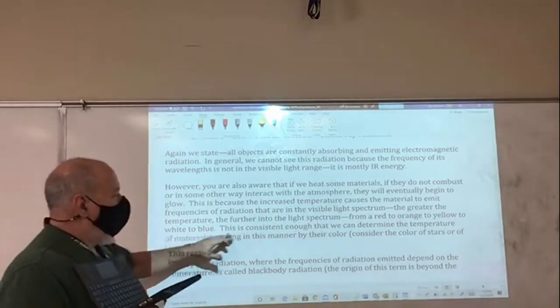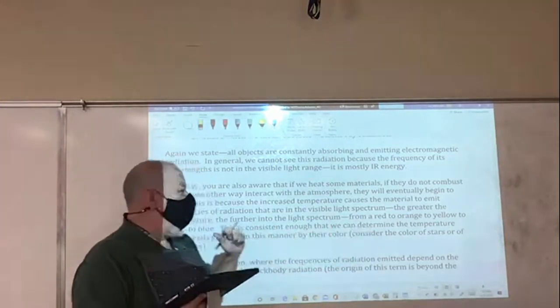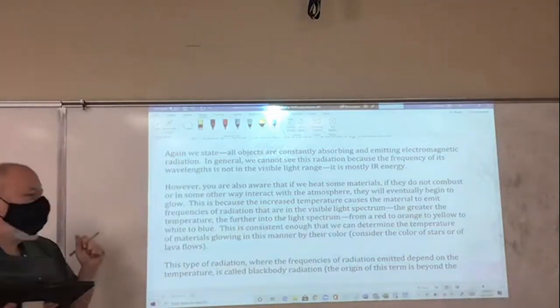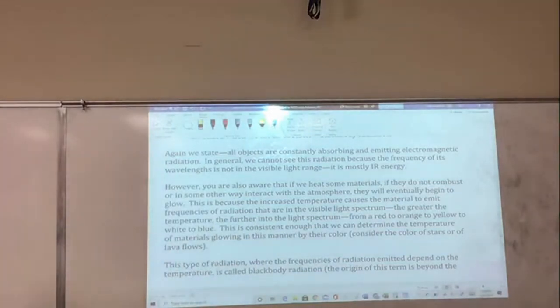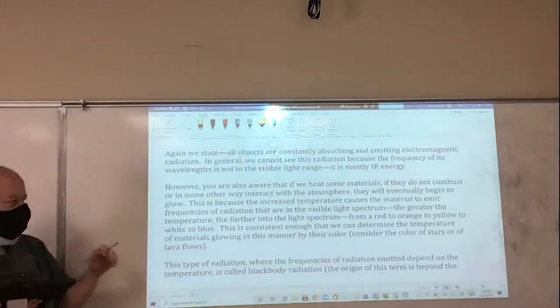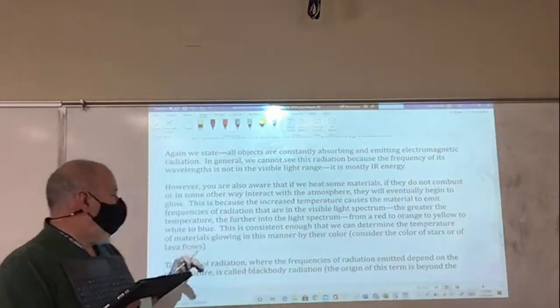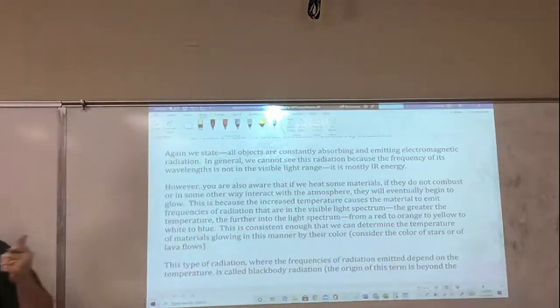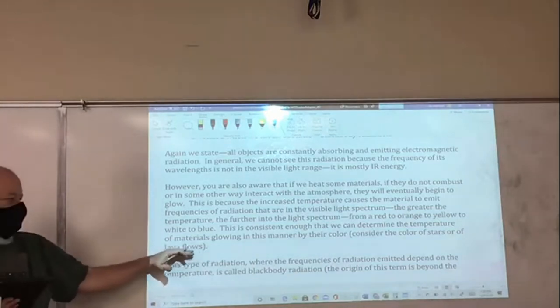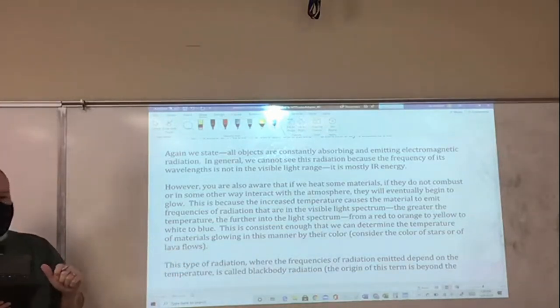And this is consistent enough that we can determine the temperature of the glowing material by its color. This is how we know the temperature of stars. Consider the color of stars or of lava flows. Lava flows that are burning at a higher temperature are more yellowish or orangish. Lava flows at a lower temperature are more of a reddish color.